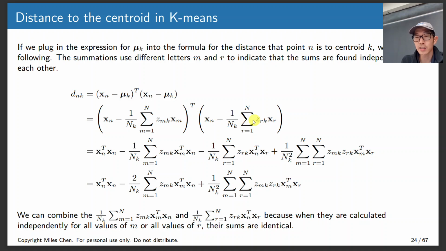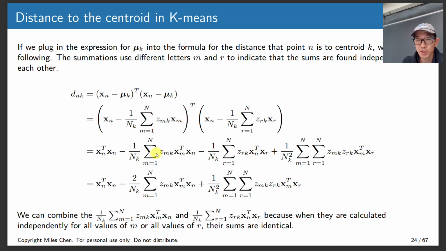And then here I have z times x times 1 over n over here. And then we're going to take the product of all of this, and you're going to get xn transpose xn first, inner, outer, last, okay? And you end up getting this big mess.